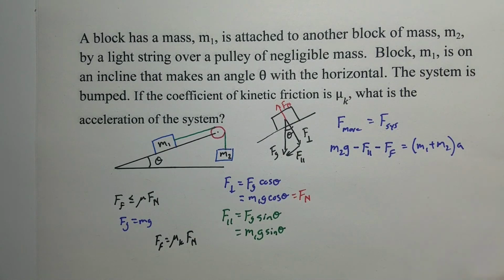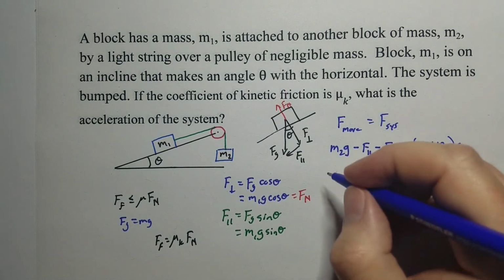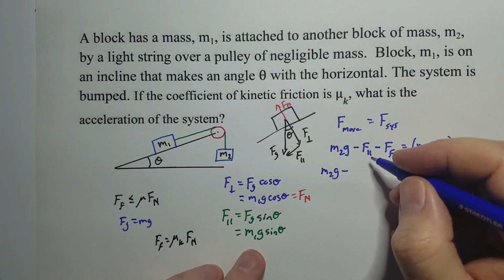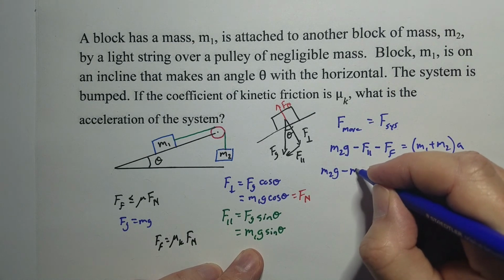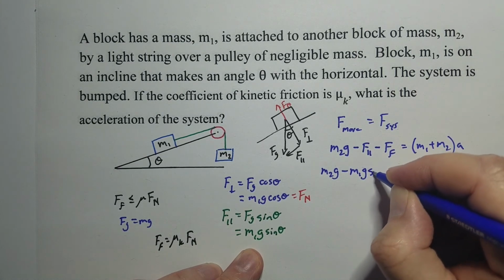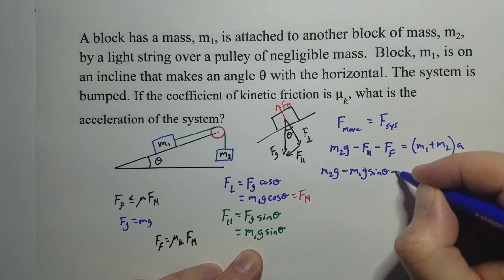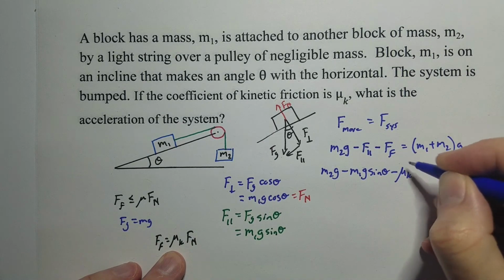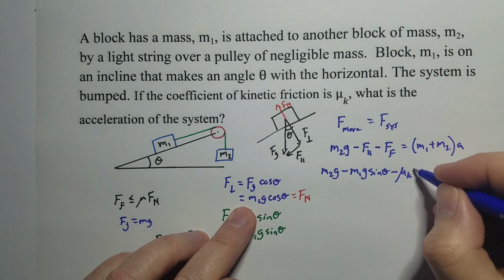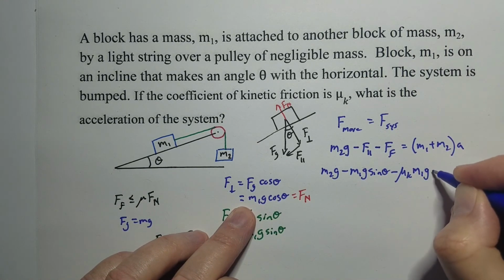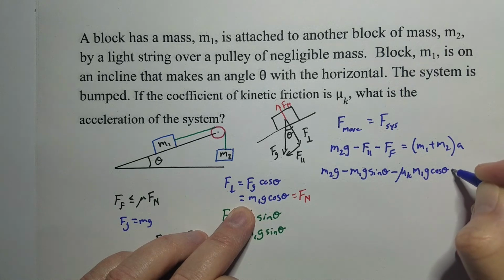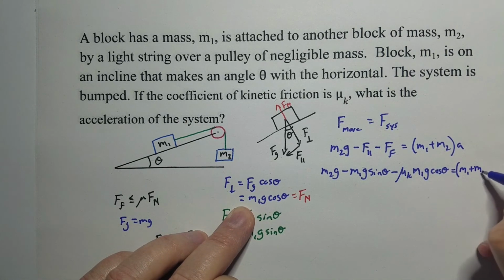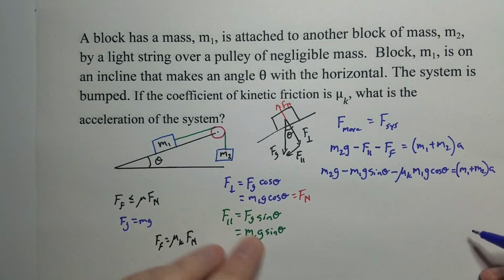So let's plug in all our symbols here. We've got m2g minus the force parallel, which is m1g sine theta, minus friction, which is mu k times the normal force, which is the force perpendicular, which is m1g cosine theta, equals m1 plus m2 at some acceleration a.